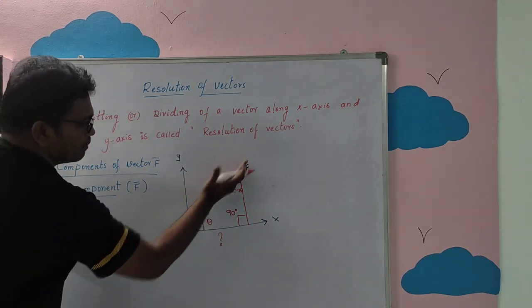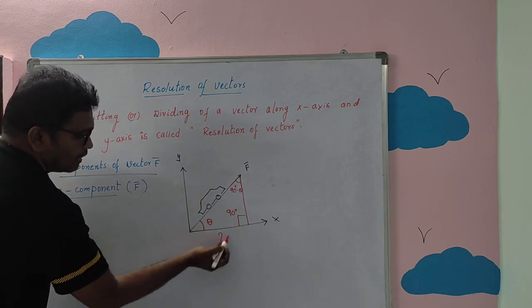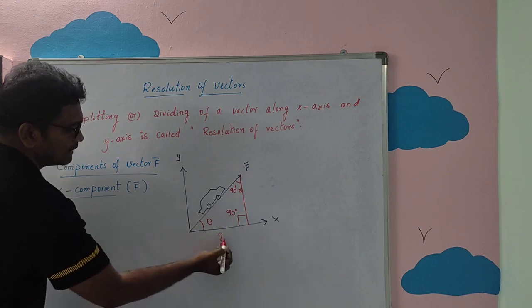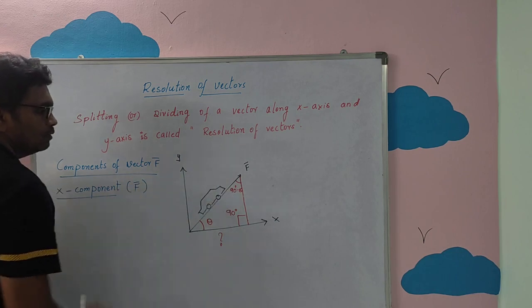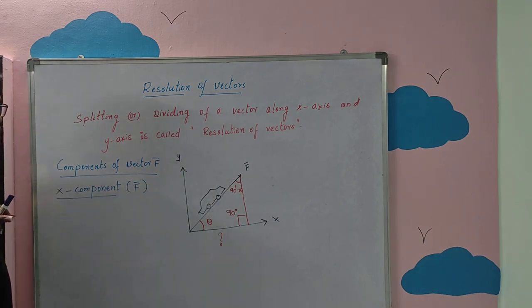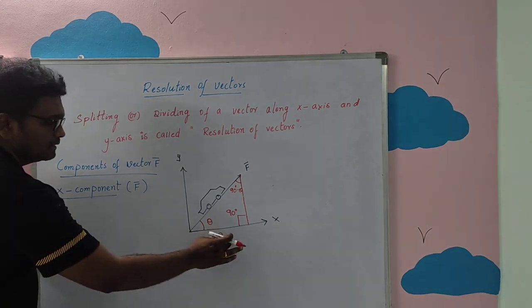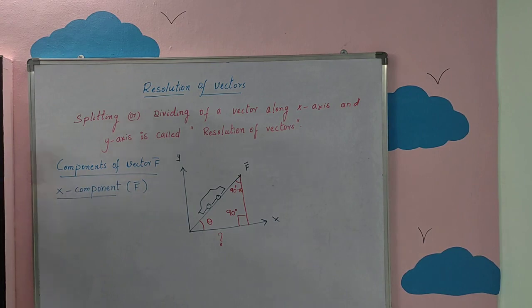So, this is the hypotenuse, that is the force vector direction, and whatever we are going to find, that is the x component, is acting like the adjacent side. So, here we need to find the adjacent side, knowing the hypotenuse value, that is the force vector. So, what formula can we use when we have an adjacent side and a hypotenuse? Of course, it is cos theta.